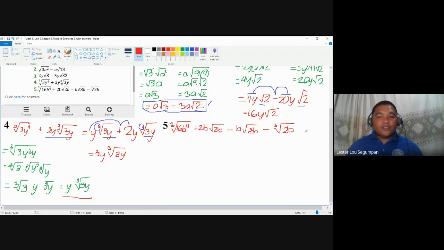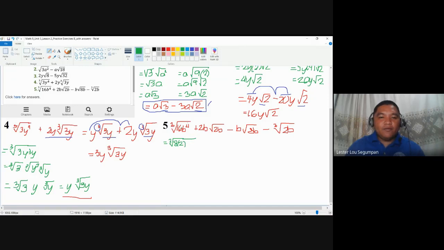Do not be confused by the length and the complex combination of terms, because you just need to look at them one by one. So for the first term, 16 is a product of 8 times 2, wherein 8 is a perfect cube. So this can be written as 8 times 2.